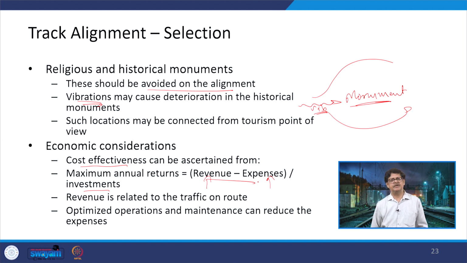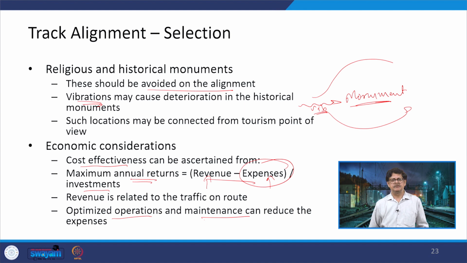So, on the basis of that we can get an idea about the annual returns, and this is one of the parameters in economic theories, so as to understand whether this connectivity is going to be feasible, viable in terms of economic aspects. Optimized operations and maintenance, if it is being done, then it is also going to reduce the expenses, and if it reduces the expenses, your annual returns will improve.